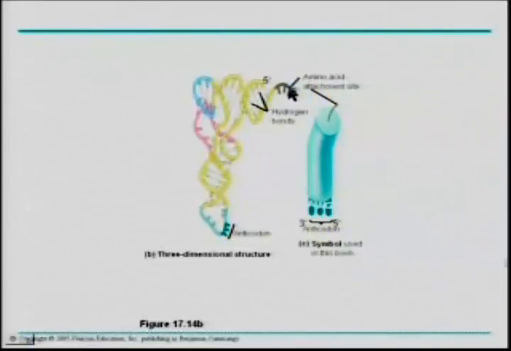This is the site specific for amino acid attachment, and then this is the illustration used by the textbook with the anticodon at the opposite end, and this is the 3' side to the left and the 5' on the right. So if we followed the 3' down through, then this would be 3' going toward 5' there. Notice that the tRNA is held together by hydrogen bonds.